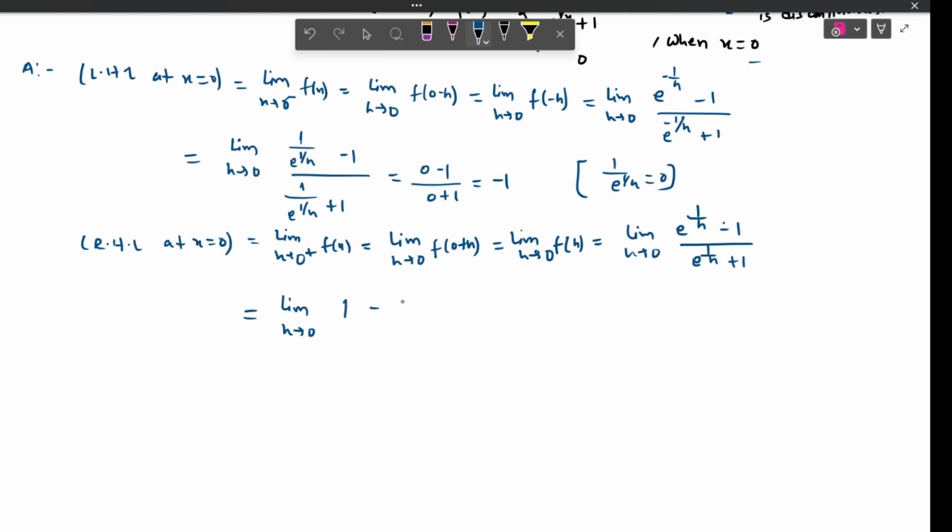This will be (1 minus 1 by e to the power 1 by h) by (1 plus 1 by e to the power 1 by h). Because now we have seen 1 by e to the power 1 by h is 0. So 1 minus 0 by 1 plus 0, that is plus 1. It can be clearly seen that left hand limit is not equal to right hand limit. So function is discontinuous.